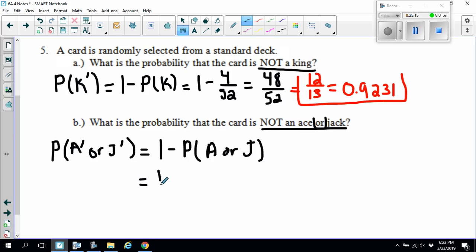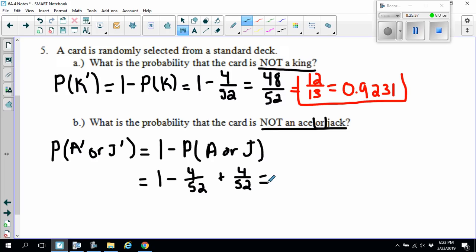Okay, so now we have 1 minus. So first we find the probability of an ace. Well, just like all those type of cards, we have 4 of those in our standard deck. So 4 out of 52. And we add the amount of jacks. Once again, we have 4 of those. So we have 4 out of 52. So now we subtract.